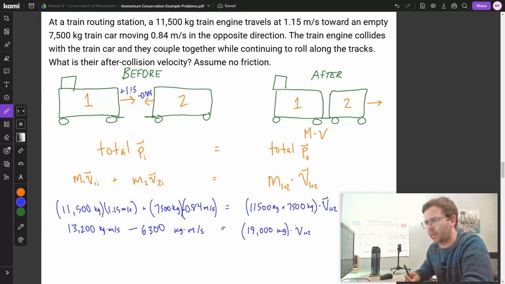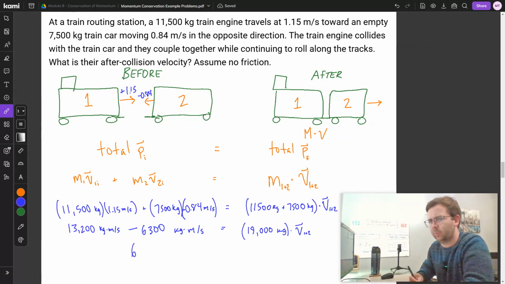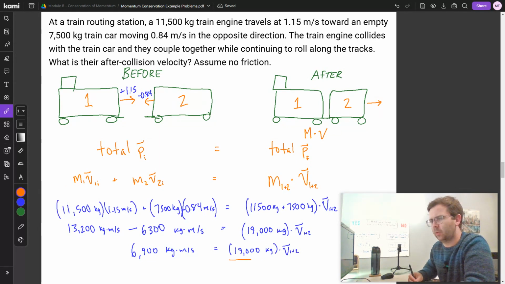And that's multiplied by the velocity of both carts together. So now we're going to do this subtraction problem here. 13,200 minus 6,300. And so we have 6,900 kilograms times meters per second. And that's equal to 19,000 kilograms multiplied by the combined velocity. So now I'm going to divide to solve for my velocity.